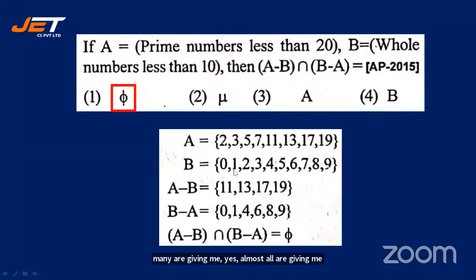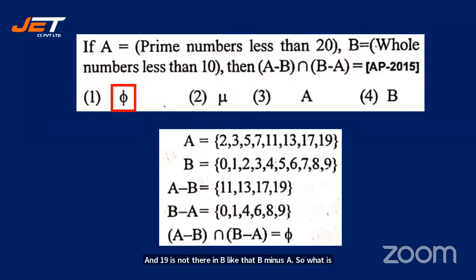Yes, perfect. How? Just see what is A. A is the prime numbers less than 20 that we have given. B is a whole number less than 10. So it starts with 0, 1, 2, 3 and so on till 9. What is A minus B? Whatever is common to A and B, you should not take. What is there in A should not be there in B. Like 11 is not there in B, 13 is not there in B, 17 is not there in B, and 19 is not there in B. Like that, B minus A. So what is there in B, that should not be there in A. All right, students?